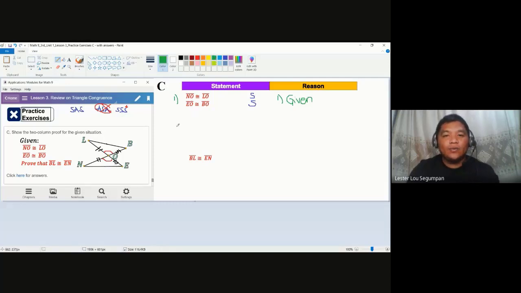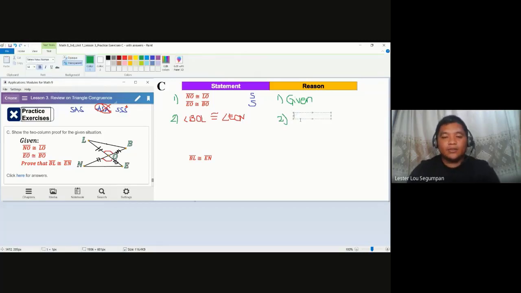And we can establish that by saying angle BOL is congruent to angle EON. The reason, some of you are probably familiar with this already, is that they are vertical angles.